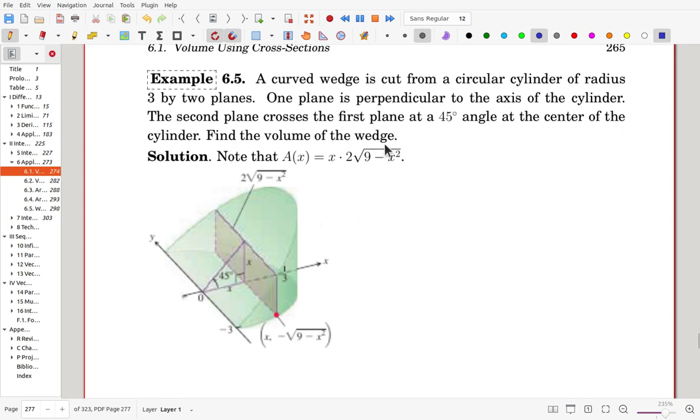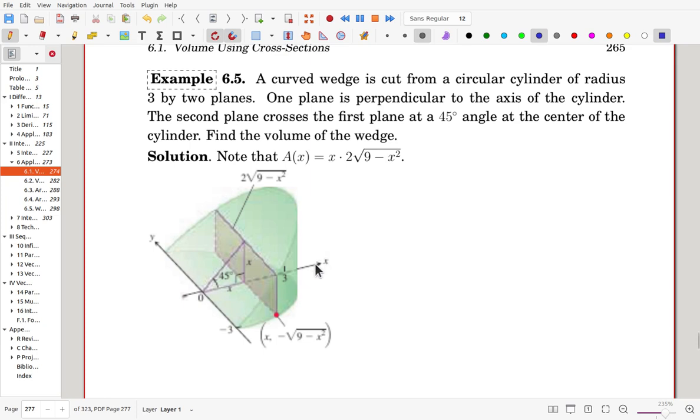Now find the volume of the wedge here. Now, the big circular cylinder is given in this way. Now cut here along a 45-degree angle, so we can get a wedge.